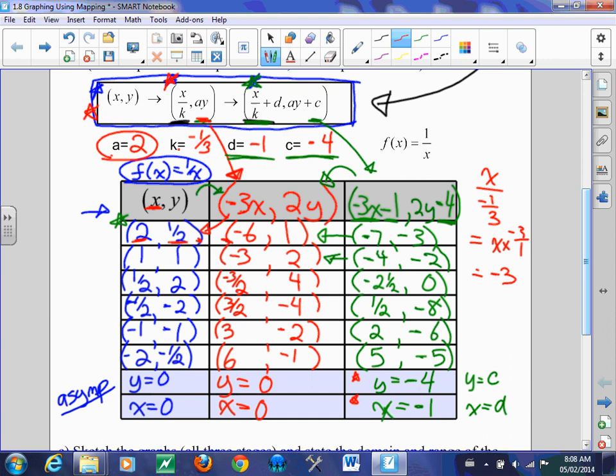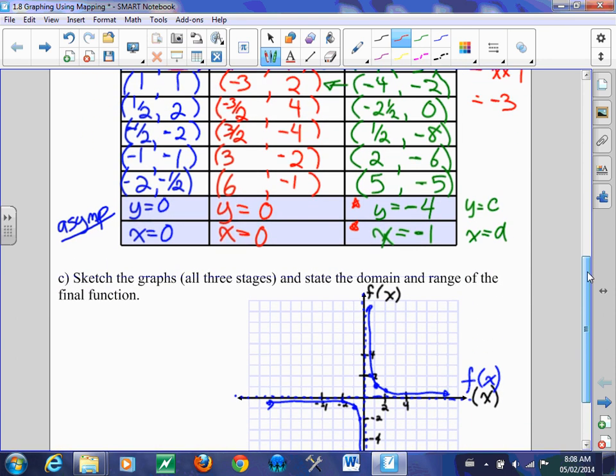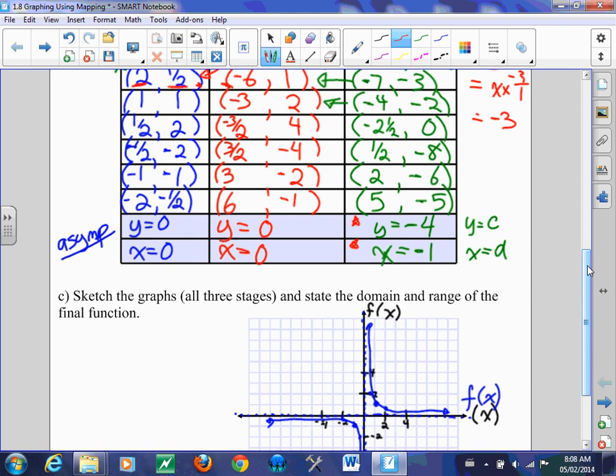And 1/3, if you take a look at the factor, is also a horizontal stretch of 3. So let's take a look at that. Instead of my key point 1, 1, that's where I'm going to start. Originally I was here at 1, 1, right? I'm now taking that point and I'm at negative 3 and 2.